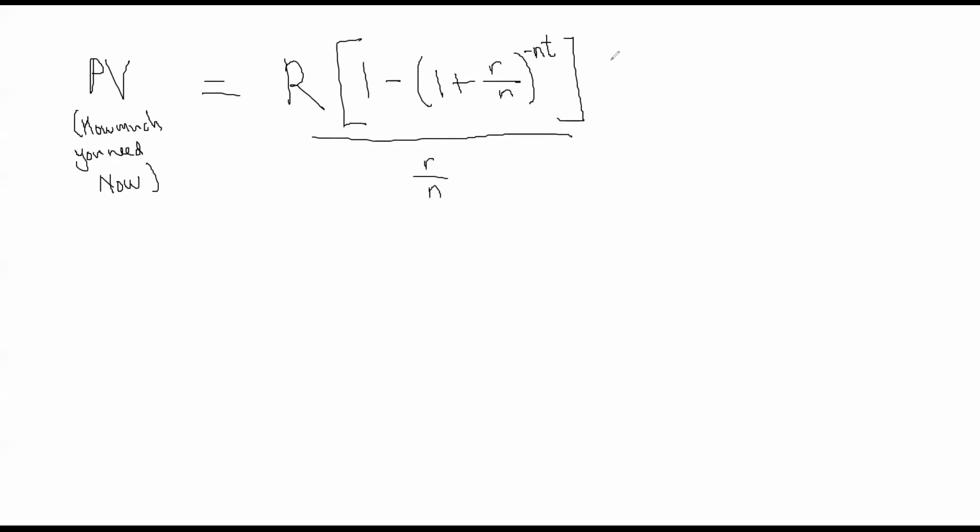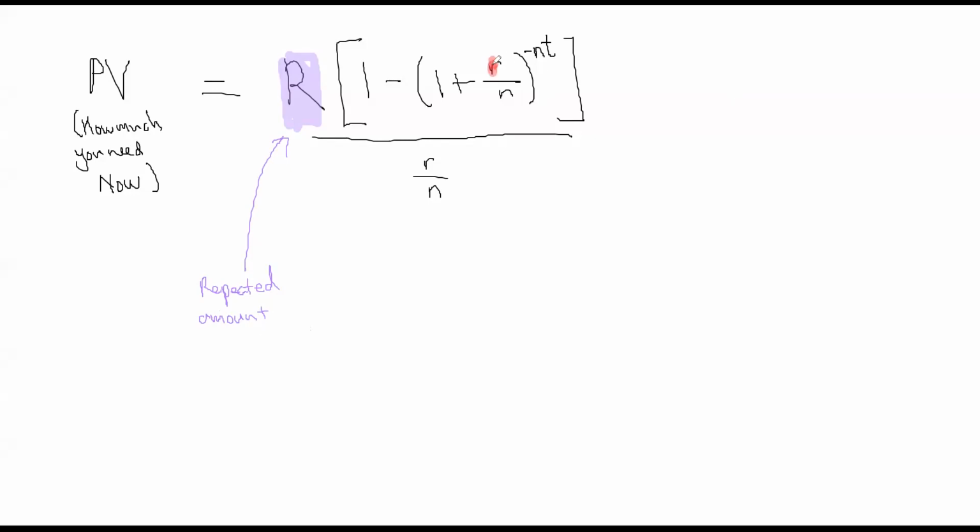Okay, let's get some color in here. So capital R is not how much you're paying into it, obviously. This is how much you are getting out for retirement, right? The repeated amount that in this case we're getting out.